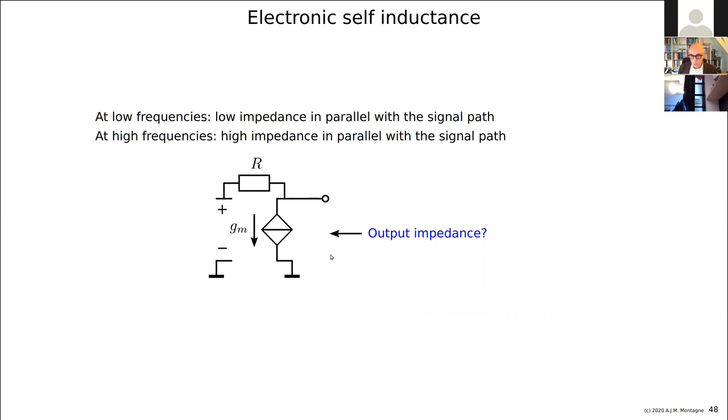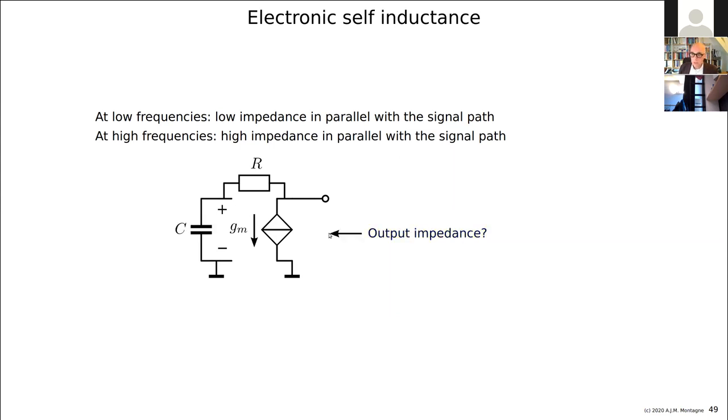So you see the same circuit. If I short it, I have R, and if I leave it open, I have 1 over GM, which means if R is much larger than 1 over GM, and I go from short to open, I would go from a high resistance to a low one.